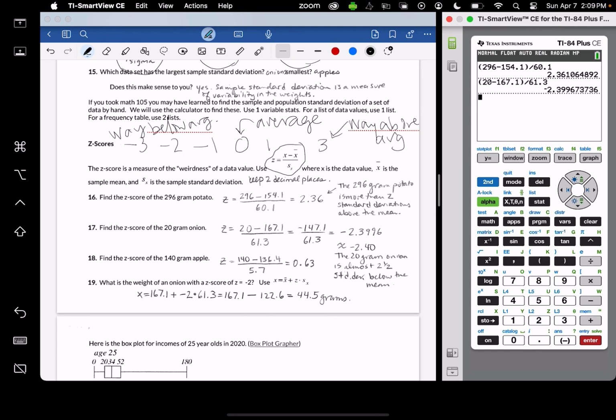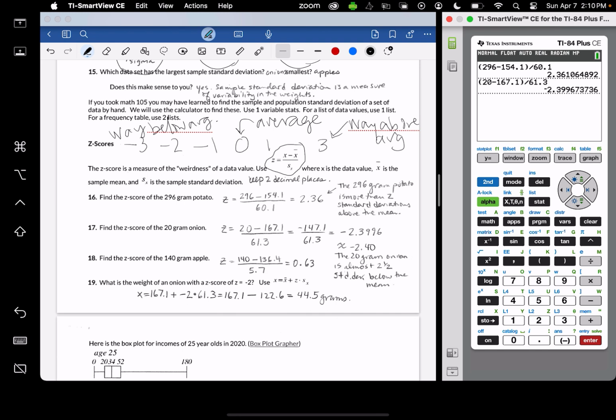So this one's well below average, negative 2.40, almost 2.5 standard deviations below the mean. And finally, the z-score of the 140-gram apple works out to 0.63, so that one's sort of average or maybe a little above average.